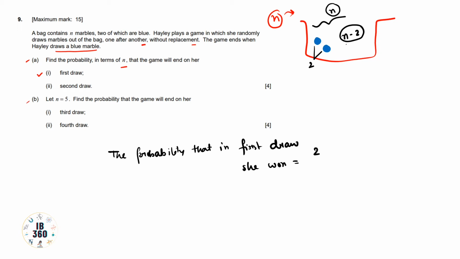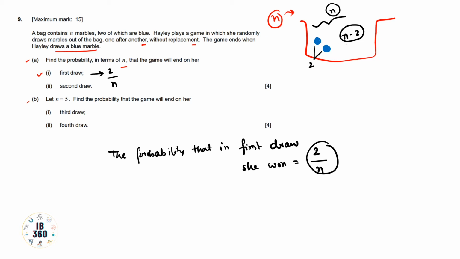The number of blue marbles is 2 divided by the total number of cases n. So in terms of n, the probability of winning in the first draw is 2 by n.